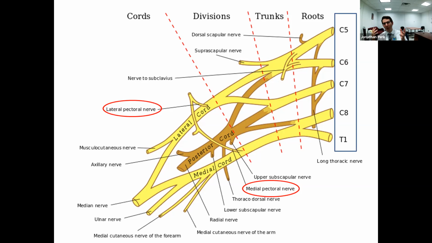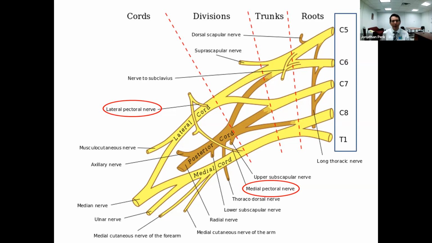It also moves the arm. The main movement is adduction and also flexion. Okay, that's the pectoralis. The pectoralis has multiple components. We don't need to get into that, but it's what we use when we do push-ups, for example. As you know, it's a very large muscle here.